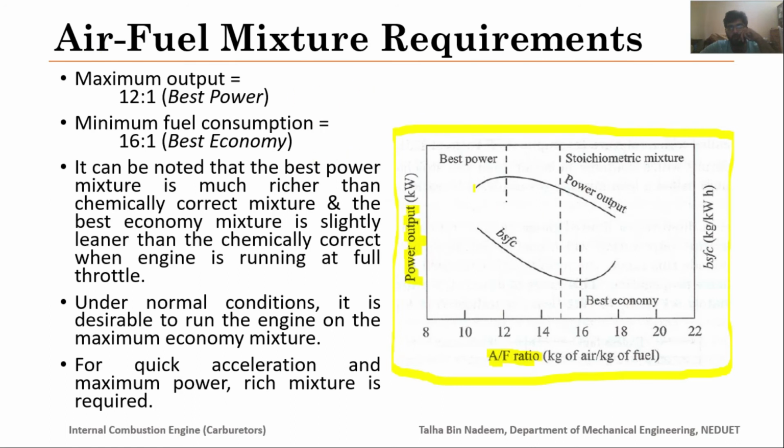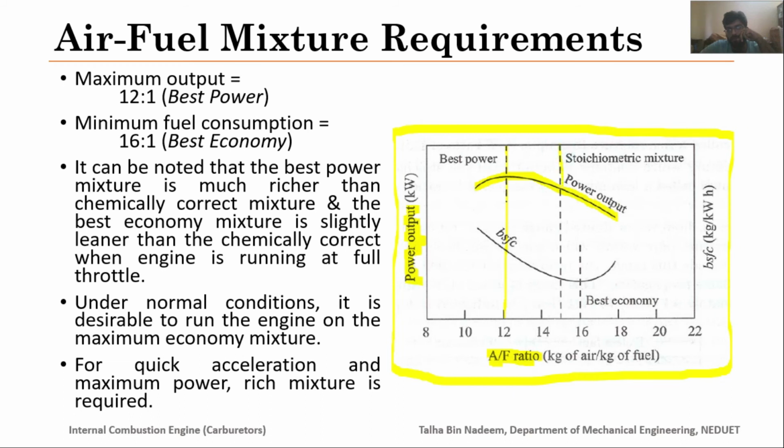If I am talking about the curve of air-fuel ratio and power output, this is the curve for air-fuel ratio and power output. You can see that if you want a high power, it is coming at this point, something around 12, and if you increase the air-fuel ratio or you are sending a lean mixture, then this power output will decrease.